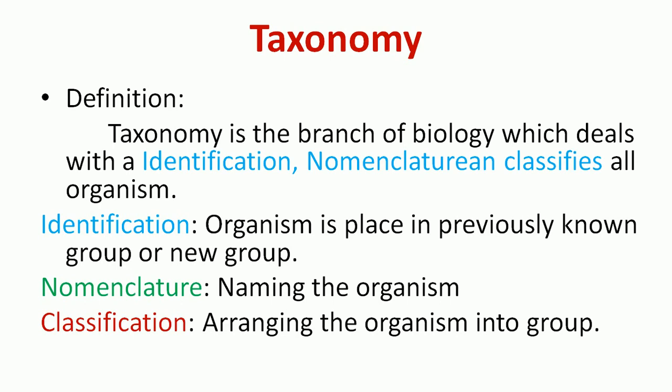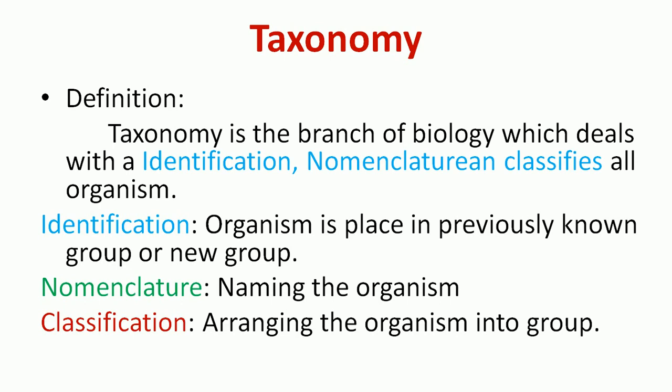First is identification: identification means the organism is placed in a previously known group or a new group. Second, if it is new, then we want to name that organism. And third is classification: we arrange the organisms into groups or specific classes.